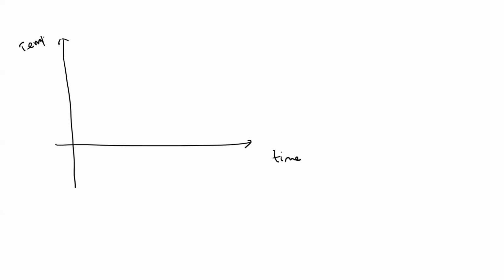Where I show time on the x-axis and temperature on the y-axis. Initially, when you start heating a solid, temperature increases. At this point, it's a cold solid. At this point, it's a hot solid. As time is increasing, temperature is increasing.